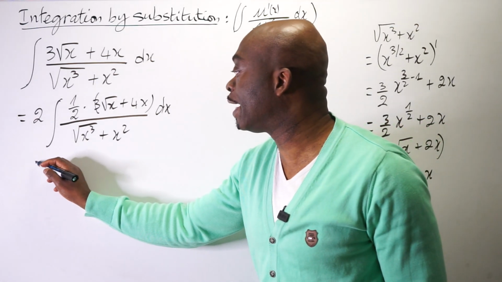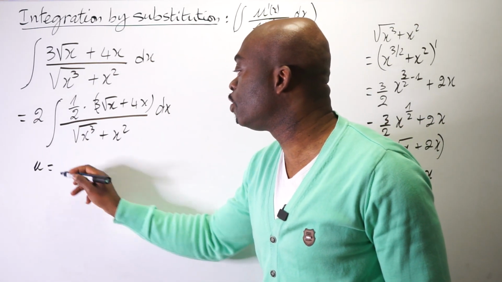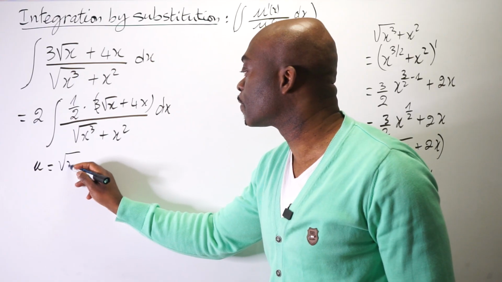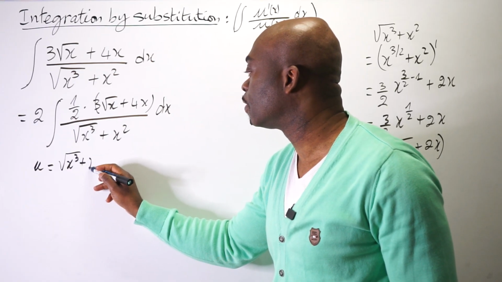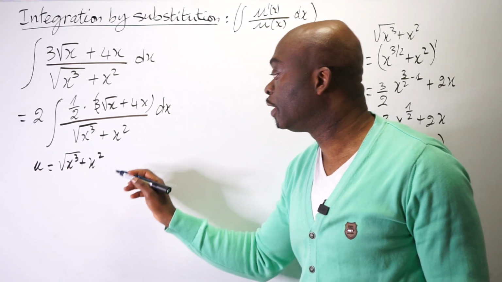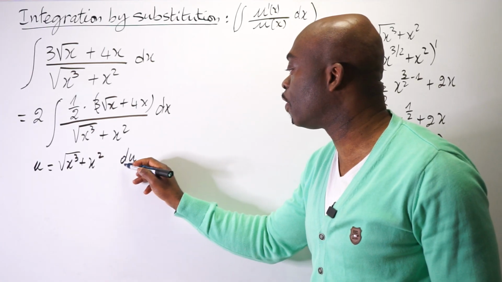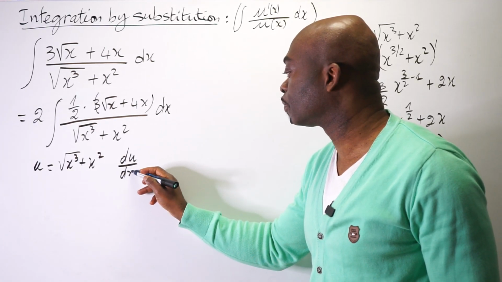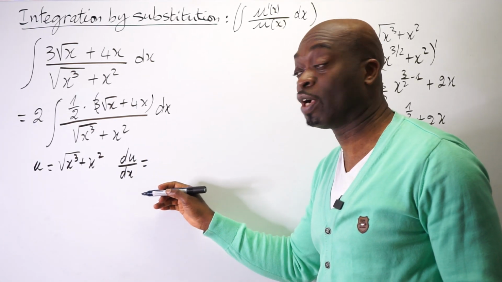So now we can go ahead and set u. The u is going to be the square root of x to the third power plus x to the second power. Now we find the derivative of u with regard to x.